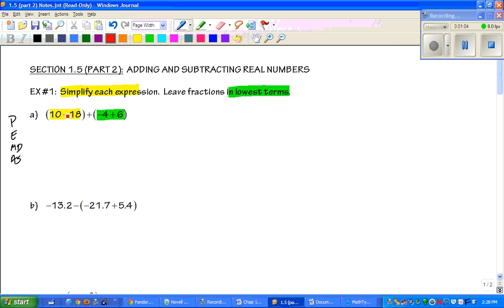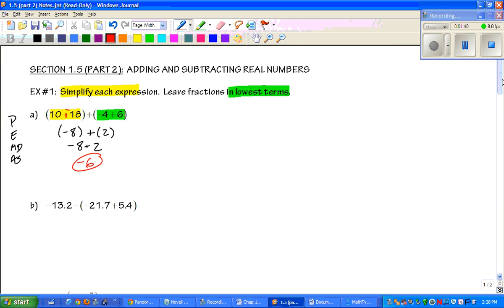Now, anytime we see subtraction, we want to add the opposite. 10 plus negative 18 gives us negative 8. Plus negative 4 plus 6 gives us 2. Now, from here on out, we really don't need those parentheses. So negative 8 plus 2, those are different. The negatives are bigger, so our final answer is going to be negative 6.